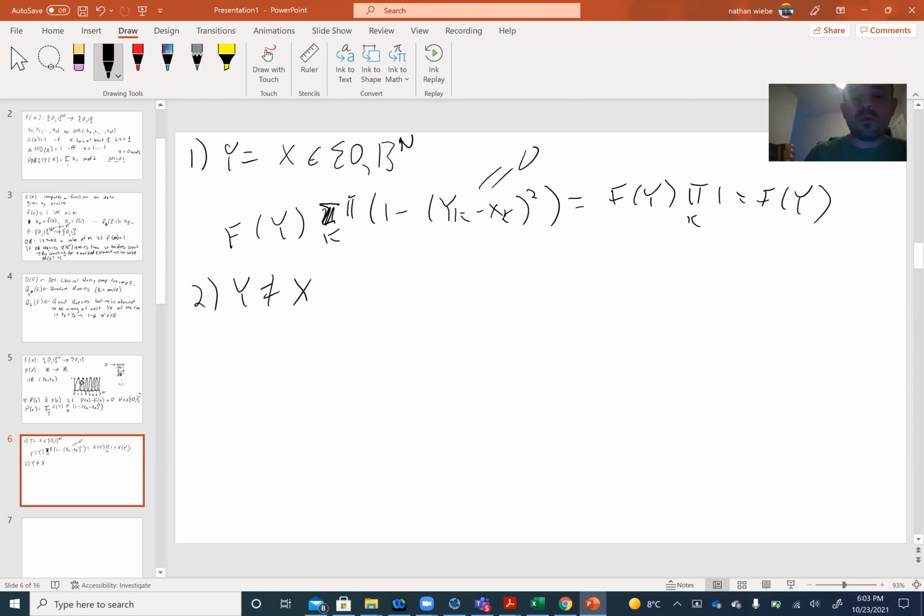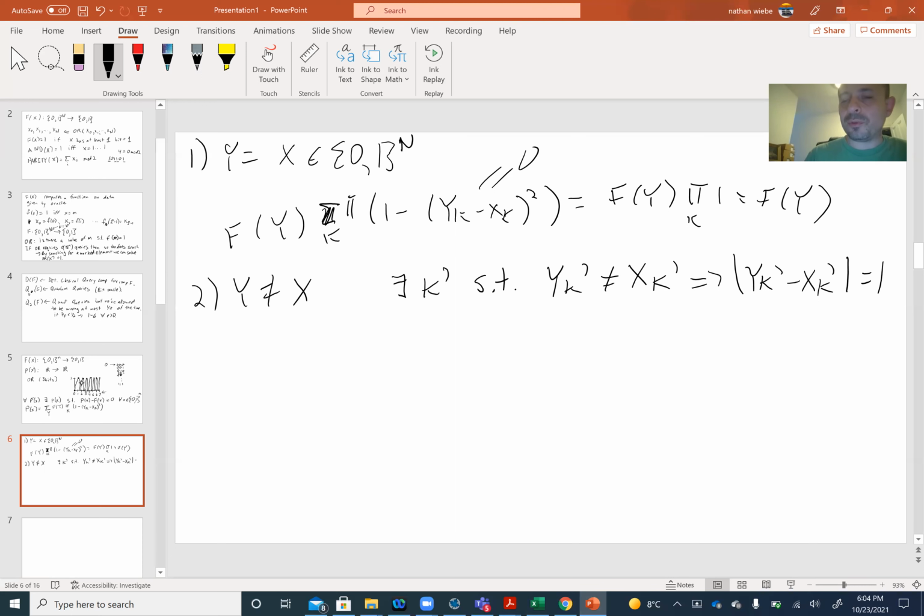Well, if y is not equal to x, then there must exist a value k prime such that y_k' is not equal to x_k', which implies that the absolute value of y_k' minus x_k' is equal to 1, which implies that 1 minus (y_k' minus x_k') squared is equal to 0.